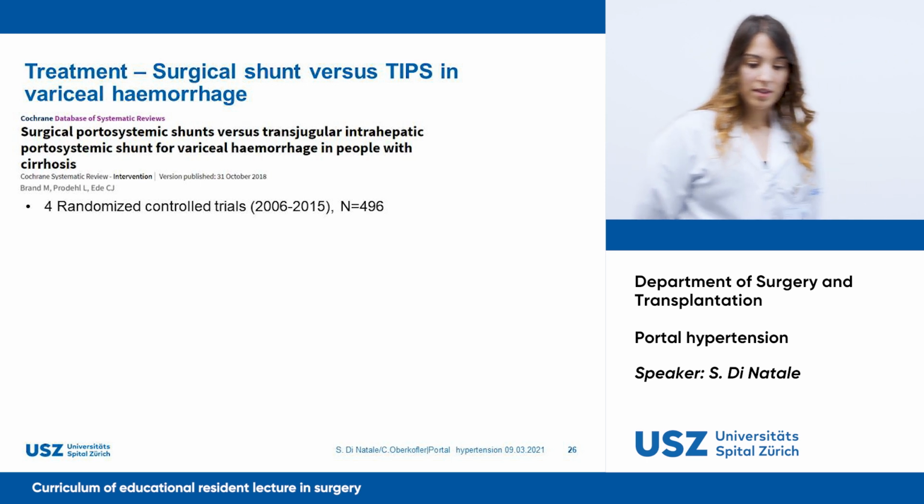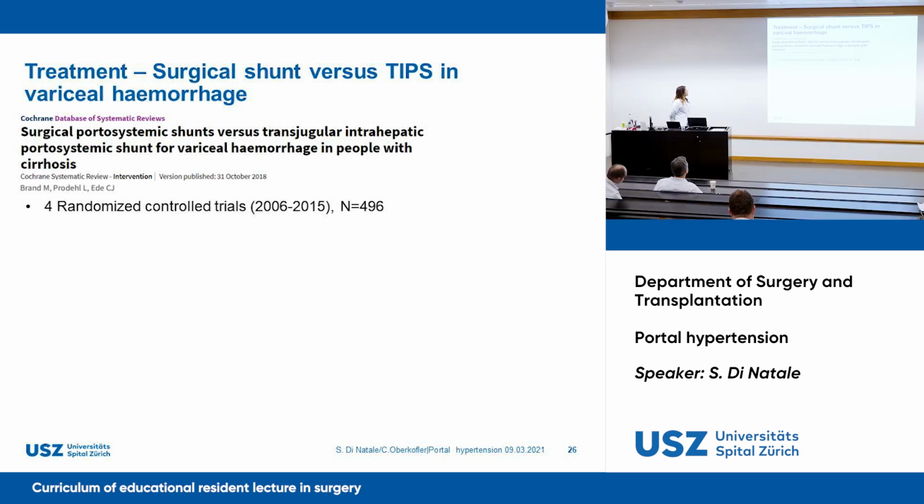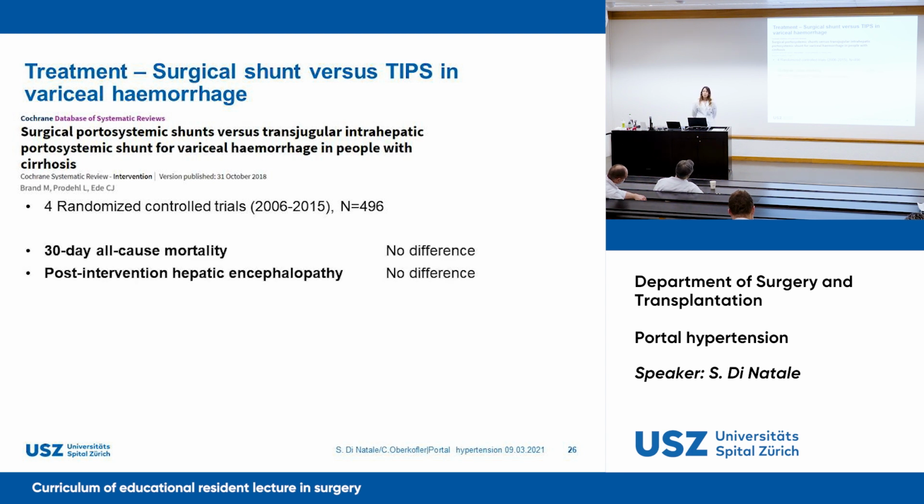Now, this is a study which was published in 2018, a systematic review which included 4 randomized controlled trials and compared surgical portosystemic shunts to TIPS for variceal hemorrhage in patients with cirrhosis. They found no difference regarding the 30-day all-cause mortality and post-interventional hepatic encephalopathy.